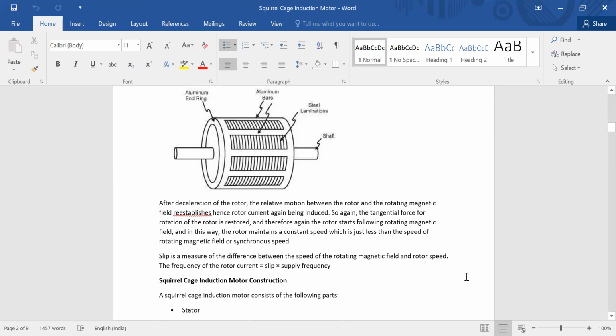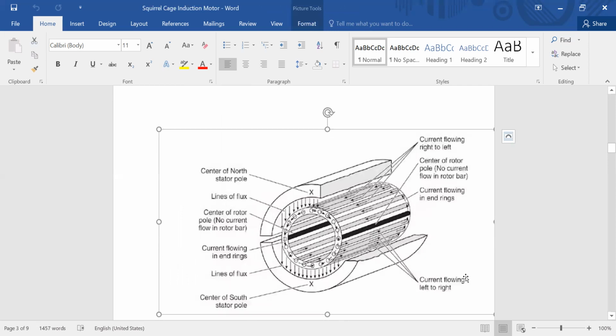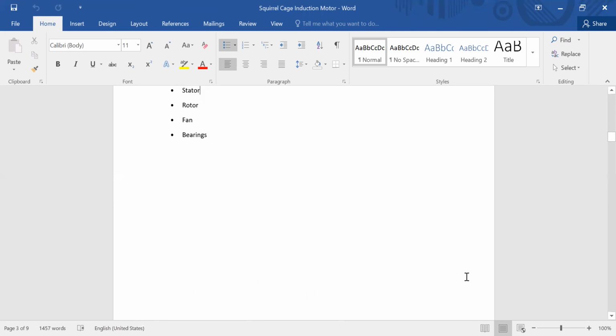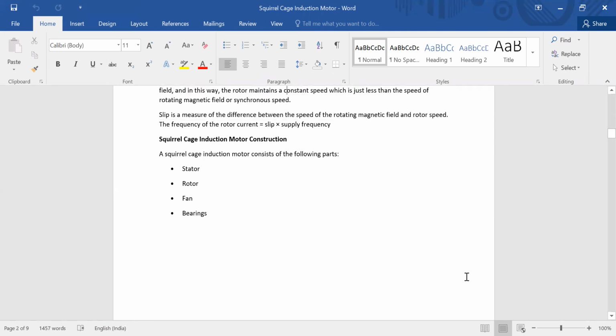Yes, so how is the construction of the squirrel cage induction motor rotor? Obviously it has a stator, a rotor, a fan, and bearings.